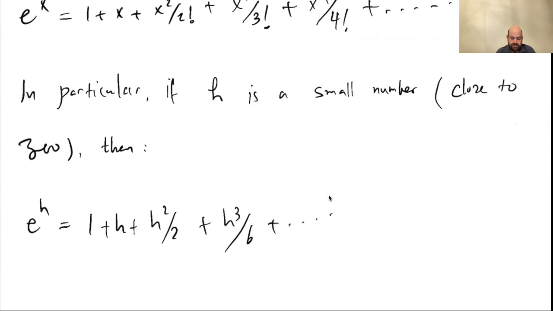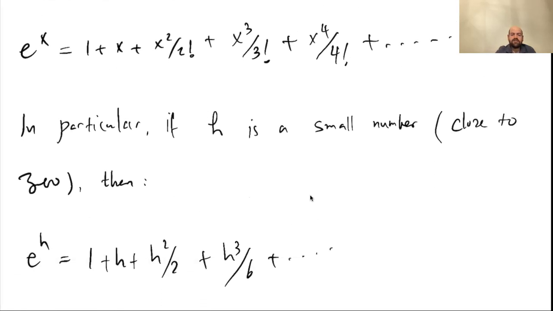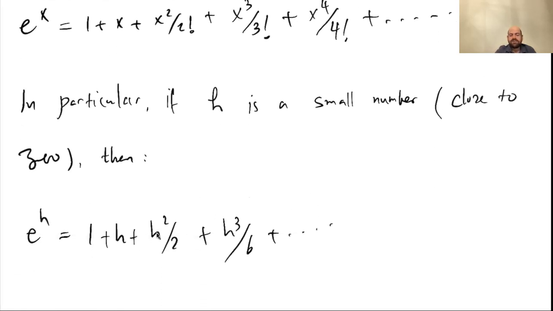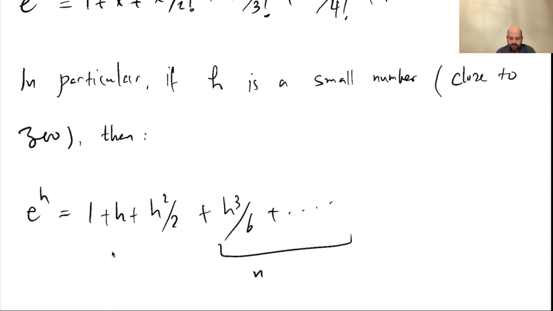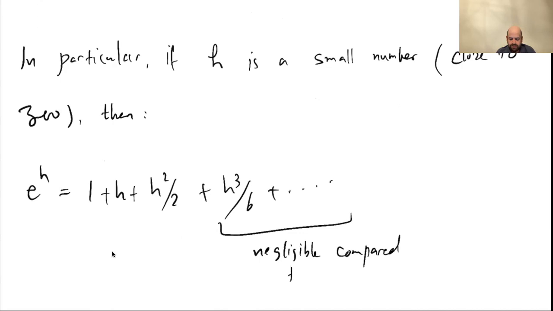But these numbers will be very small. If h is already small, let's say h is 0.1, then 0.1 to power 2 will be even smaller, and 0.1 to power 3 over 6 even smaller. So I can ignore these terms, because they will be negligible compared to the previous terms.